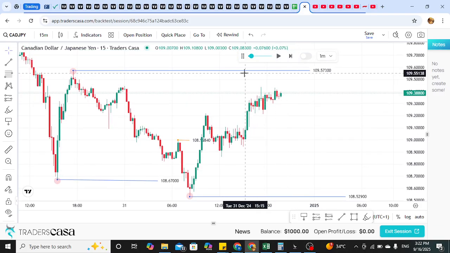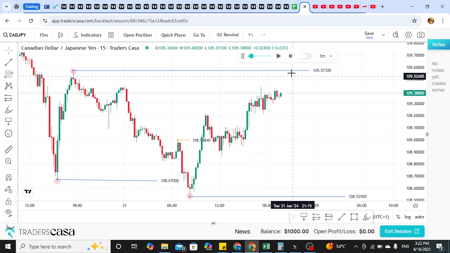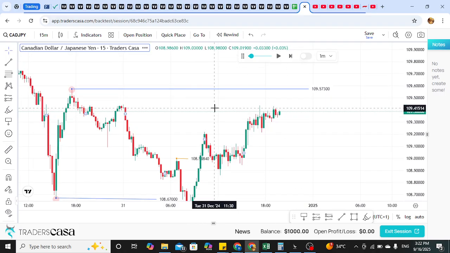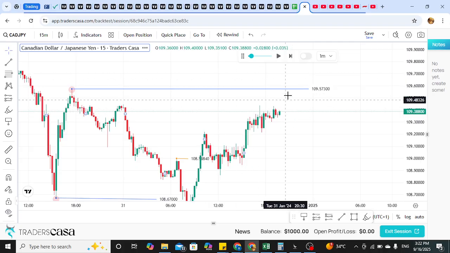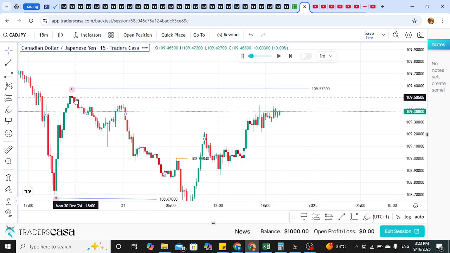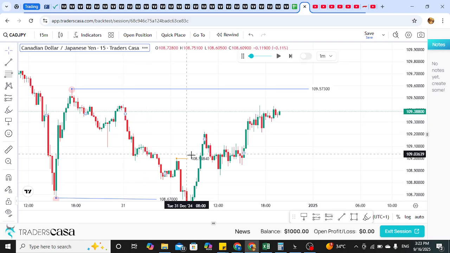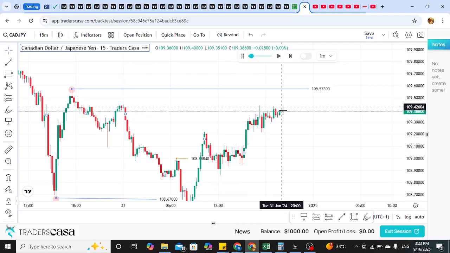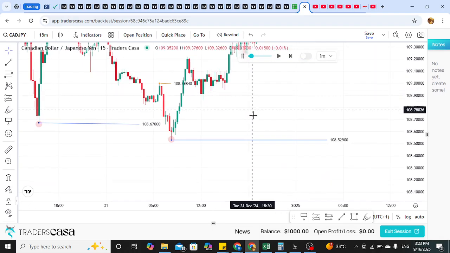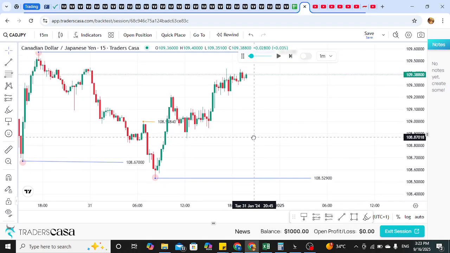If the upper end is broken, in this case, there is a difference between broken and swept, and I will explain it now. If this is broken, then this is a change of character, meaning the sentiment has changed from downward trending to upward trending. Okay, if this is broken, then the trend is down, but there is a break of structure.